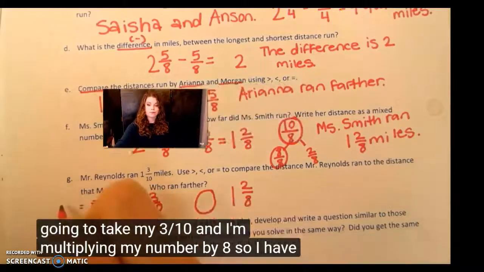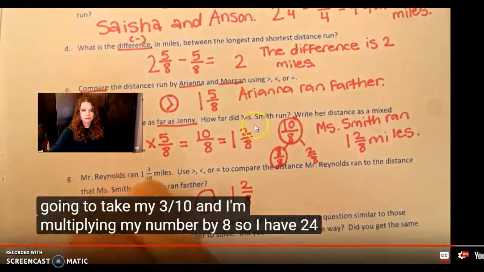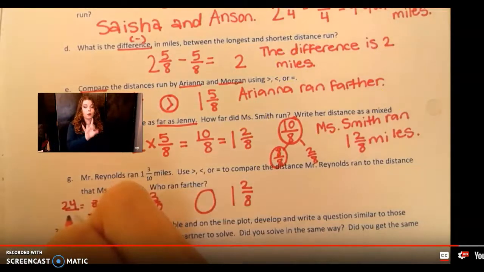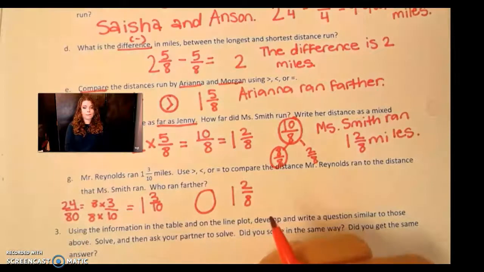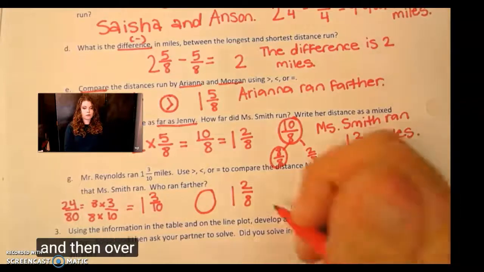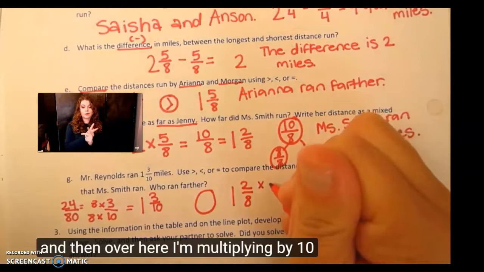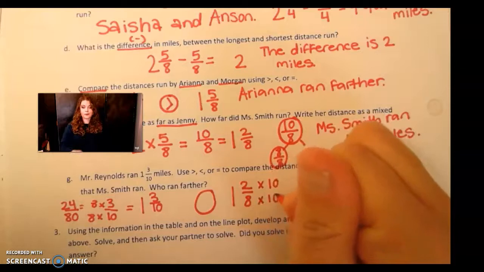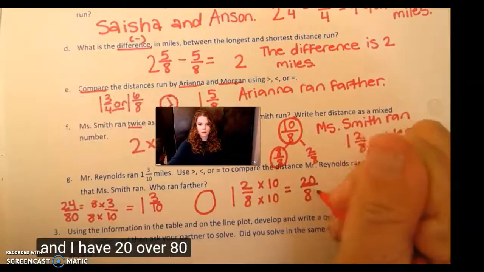So I have 24 over 80. And then over here, I'm multiplying by 10. And I have 20 over 80.